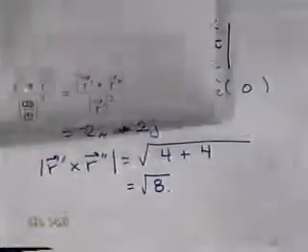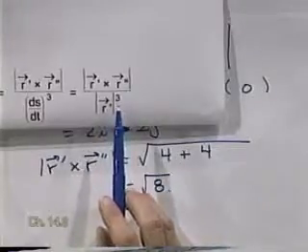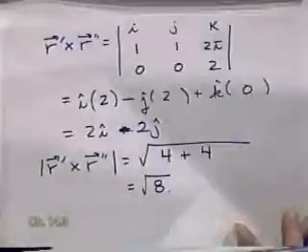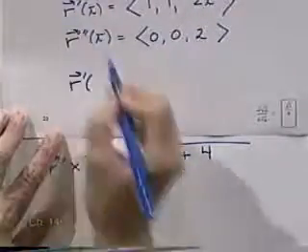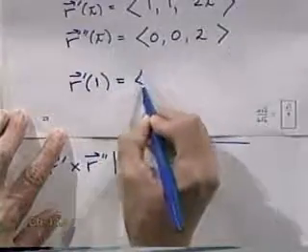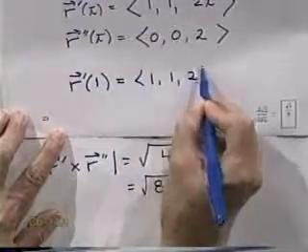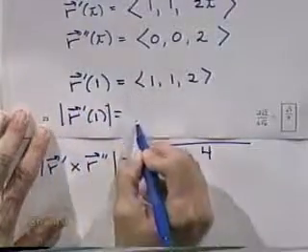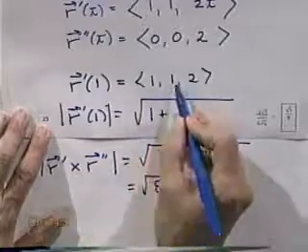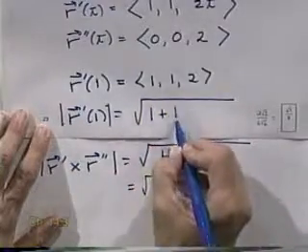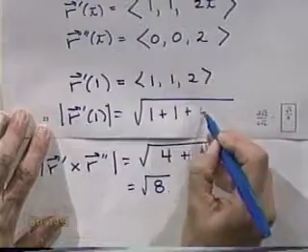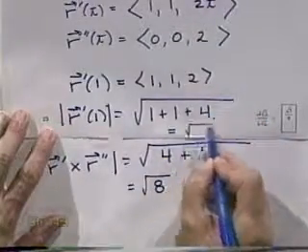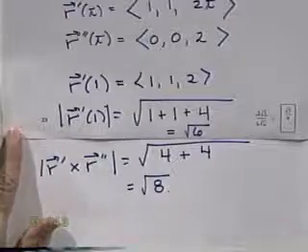Now the bottom of the formula is the magnitude of r prime cubed. Coming back here, r prime at 1 is the vector 1, 1, and 2 times 1, which is 2. So the magnitude of r prime at 1 is the square root of 1 squared, which is 1, plus 1 squared, which is 1, plus 2 squared, which is 4, giving the square root of 6.